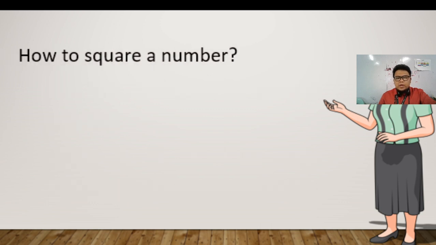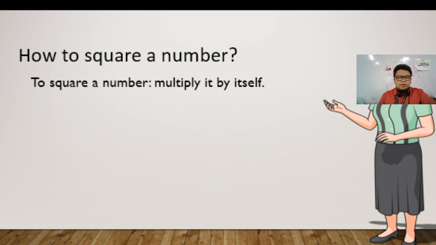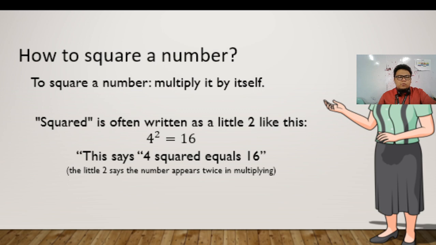So, how do we square a number? To square a number, you just multiply it by itself. The word squared is often written as a little 2 like this. This is an example of squared.